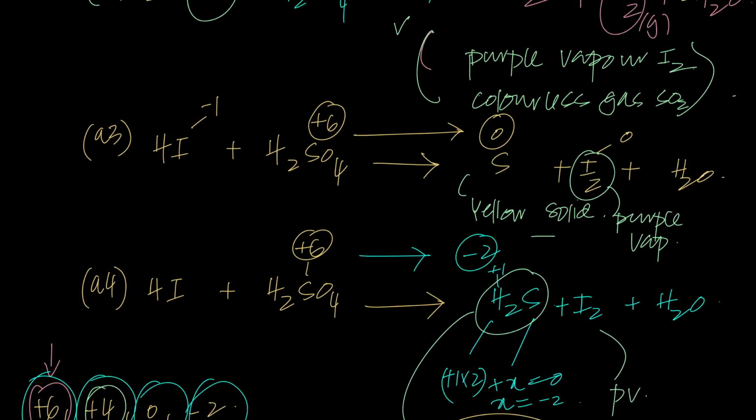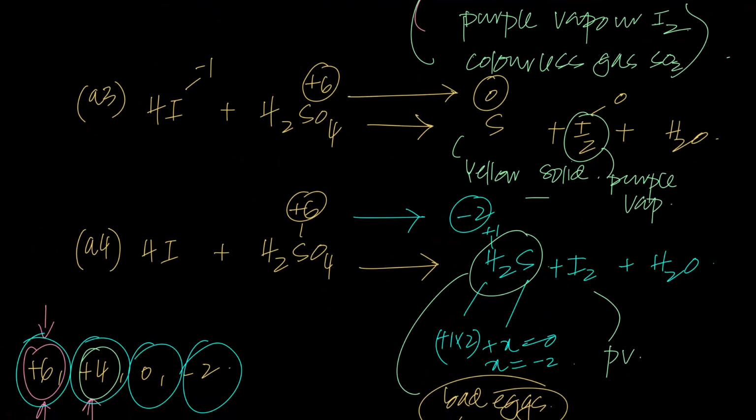So let's balance it first, and then I'll give you a quick summary. What we do is we balance out the oxygens first. You have 4 O's on the left and 1 O on the right, so I'm going to add a 4 here. Then you balance out the hydrogens. You have 8 hydrogens on the right, and you already have 2 hydrogens on the left.